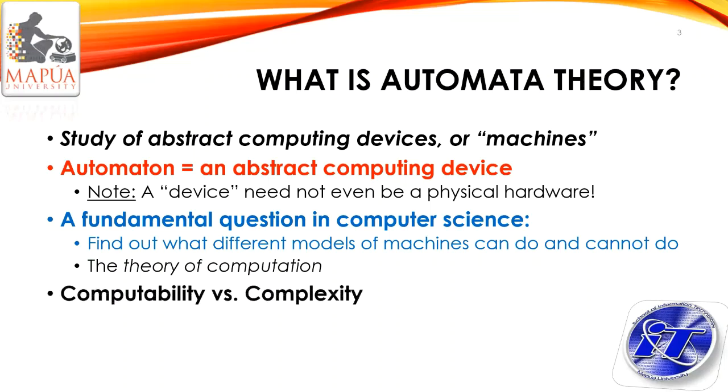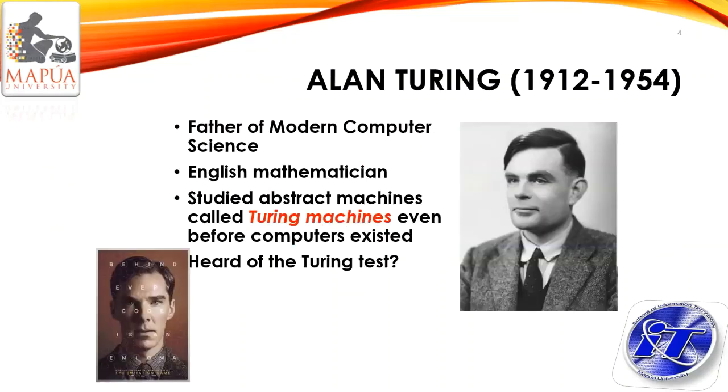And again, in automata theory, we're going to compare computability versus complexity. If the problem is hard, what is the effect on the computability of that problem, or vice versa?